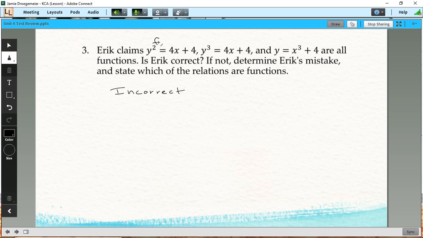This first one is a function, or excuse me, is not a function, we said. The other two, they are functions. So they passed that vertical line test. The first one did not.